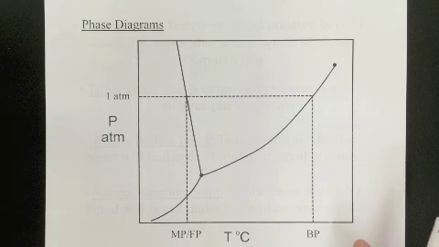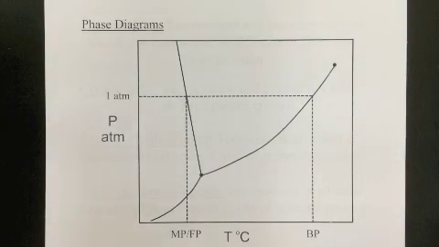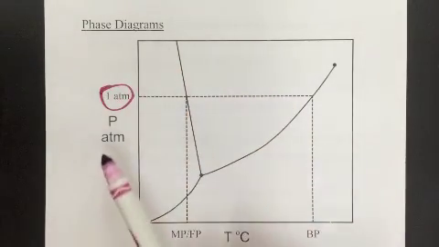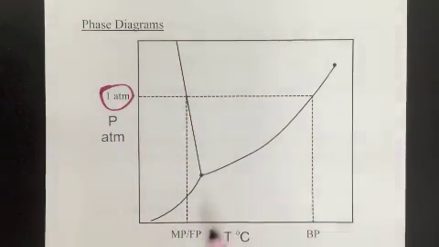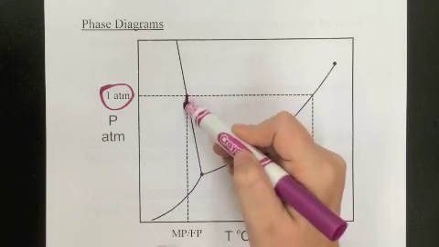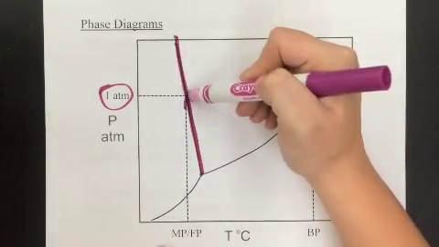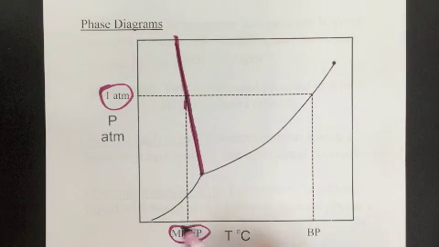Now, the last part that you need to make sure you know is, if I give you this graph, you've got to be able to tell me what happens at 1 atm. This is going to be the key thing here. At 1 atm, when it crosses this line here, that tells you the melting and freezing point.